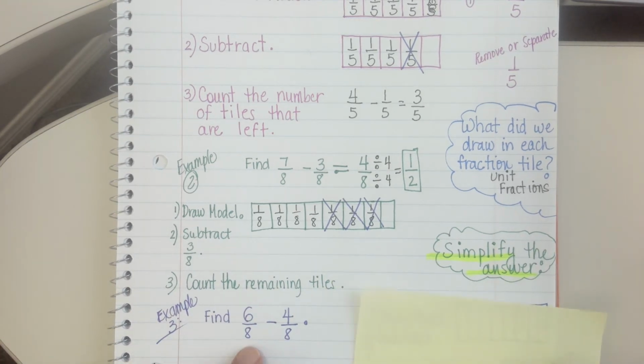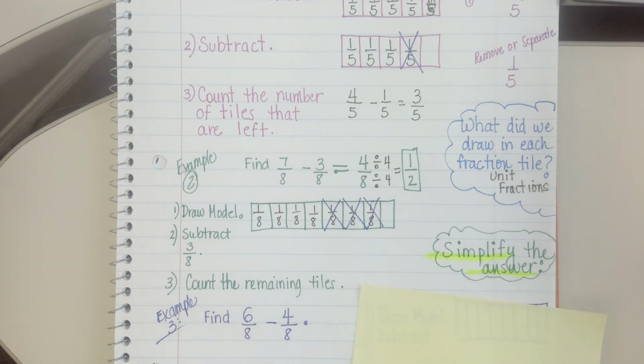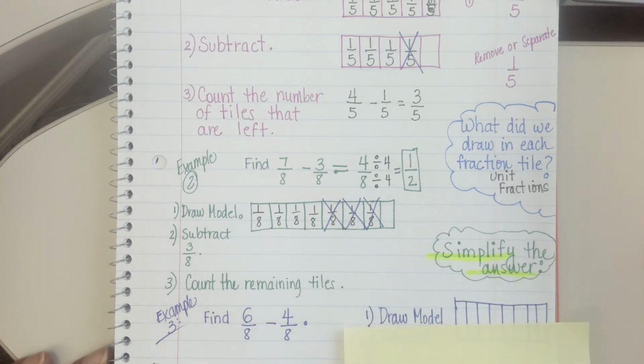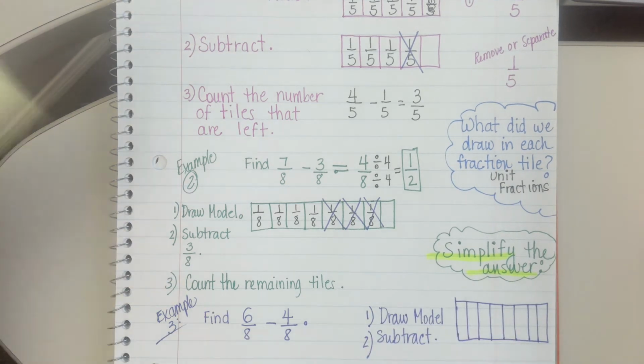Find 6/8 minus 4/8. Step 1, it's kind of repetitive now, is to draw the model.